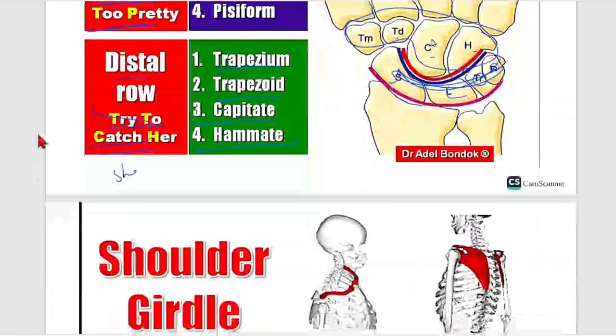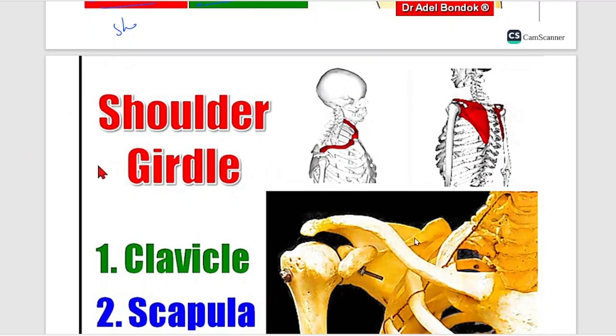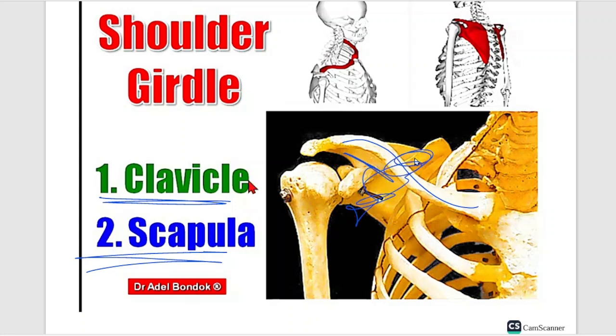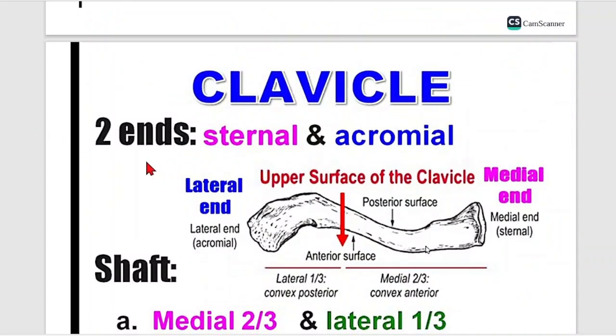Now the shoulder girdle. The shoulder girdle has two bones: one is the clavicle and another is the scapula. This is called the clavicle, and this is the scapula. The clavicle has two ends.